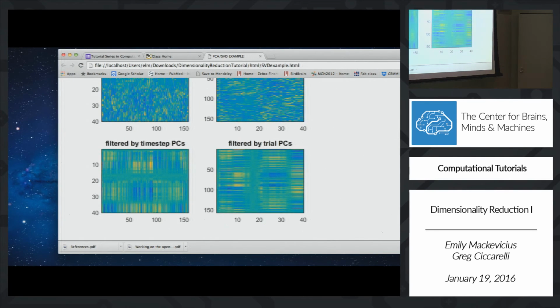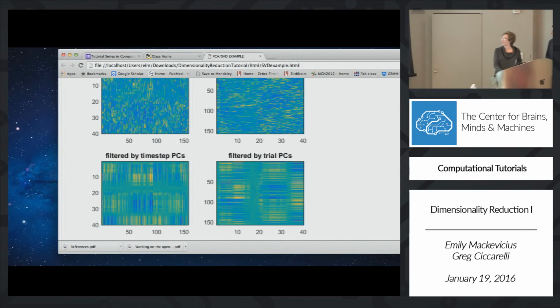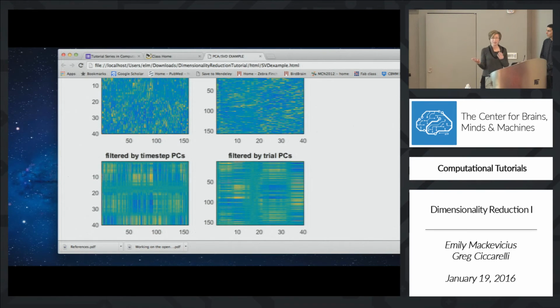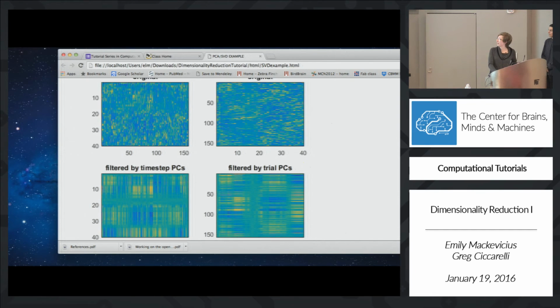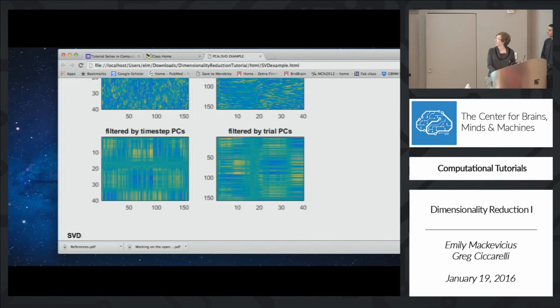And so why is it so similar when we do it in these two different ways? It seems like we've done something on exactly the flipped matrix, but we're getting the same filtering, we're getting the same eigenvalues and everything. It turns out that this isn't a coincidence, and that PCA, when you do it this way, you can actually rewrite your original matrix as this singular value decomposition.